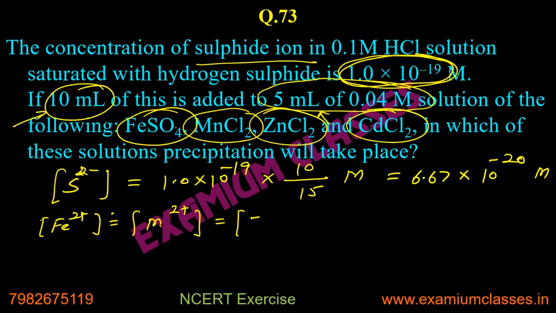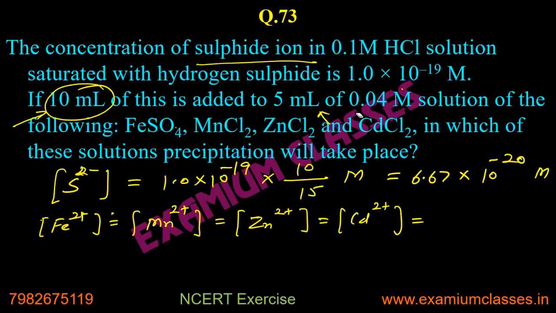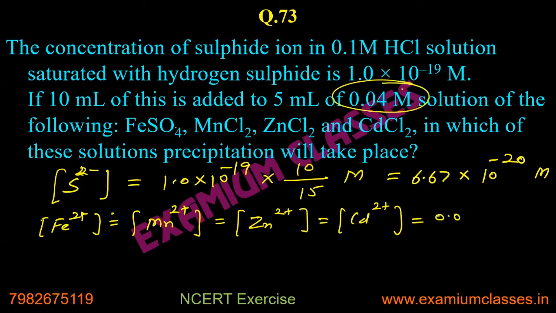It is Mn2+, Zn2+, Cd2+. It will also be not just 0.04 now, because volume has increased. So instead of 0.04 m, it will be 0.04 multiplied by 5 by 15.